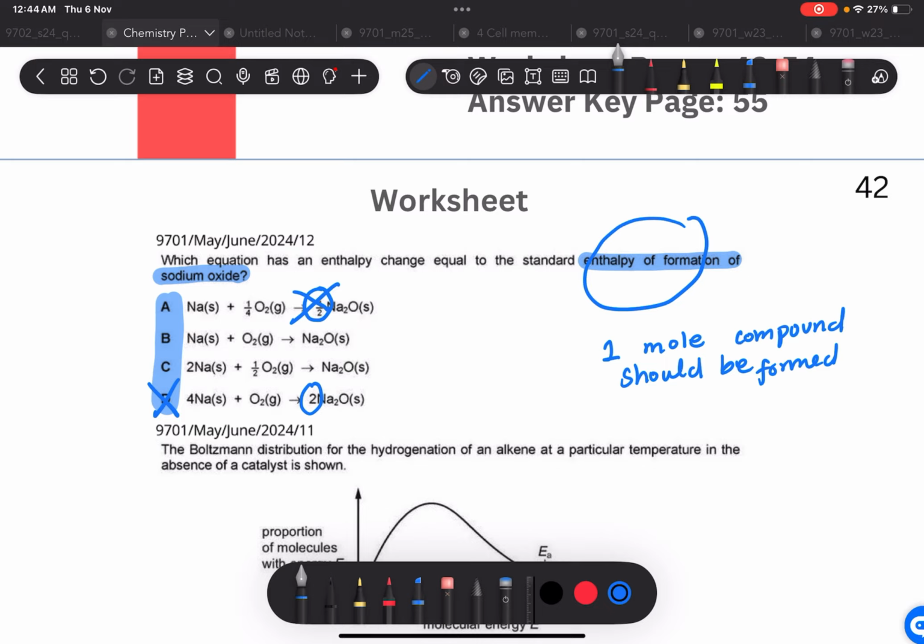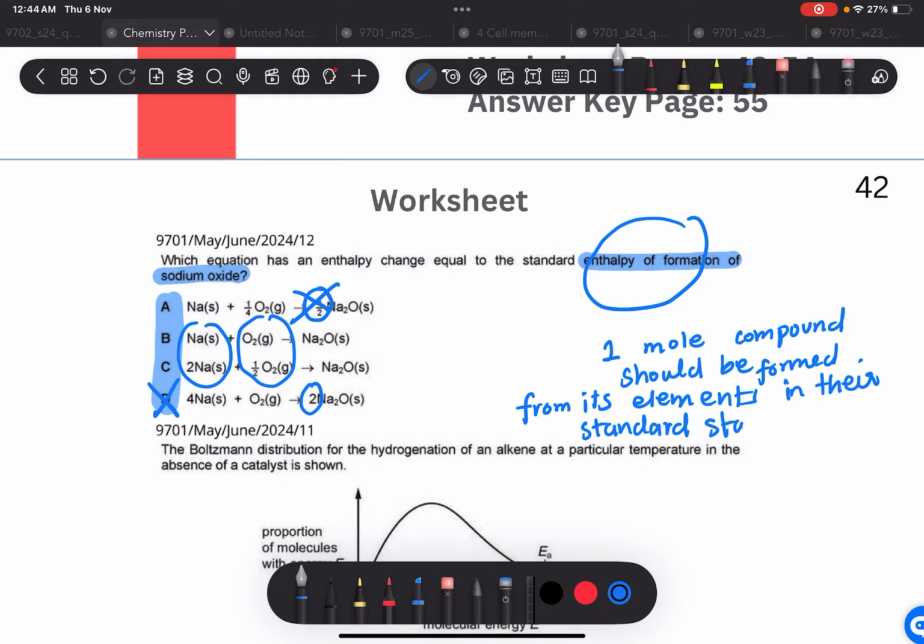Now the second part says that from its elements, okay, both of them are formed from the elements. Good. In their standard state, this means the elements should be in their standard state. And what is standard state? Their state at room conditions. In their standard state, okay, the standard state of sodium is a solid.